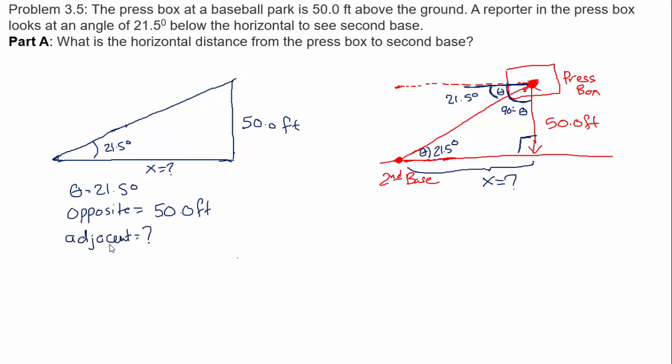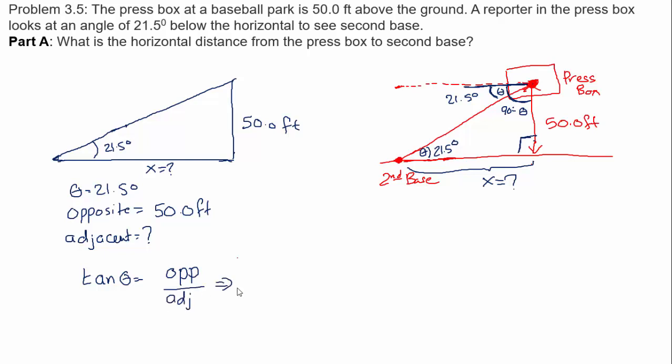So to solve for the adjacent, which we'll call x, we have to find the trigonometric function that relates opposite to adjacent, because we are given the opposite and we need to find the adjacent. So we need tangent theta, because tangent theta is equal to the opposite over the adjacent.